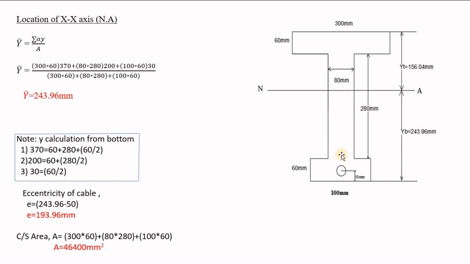This height is nothing but the eccentricity, that portion is called the E value. So the eccentricity, the distance between the neutral axis and the center of the tendon, is 193.96 mm. Next is the area calculation. We know that this element area plus this will give you the value of area.